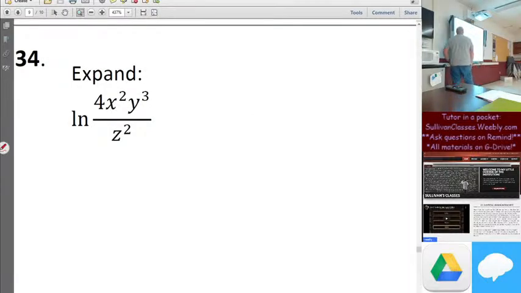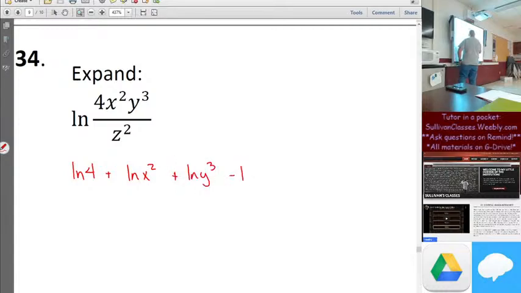Expansions, if they're multiplied, you add them. If they're divided, you subtract them. I'm not done. What can I do?